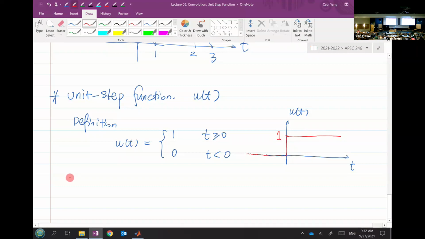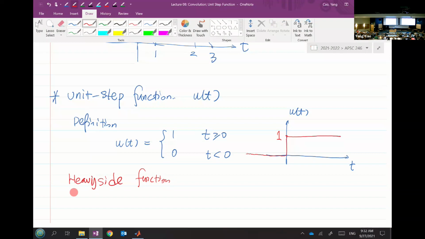Sometimes this is also called the Heaviside function.